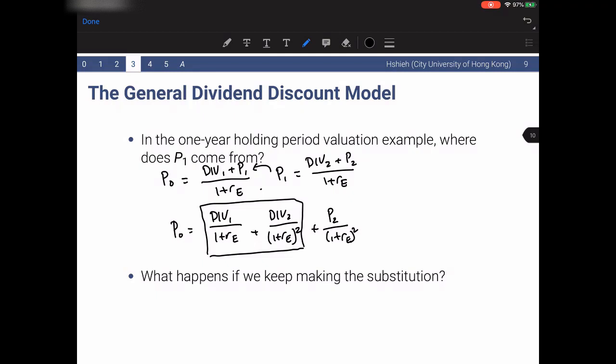Okay, and so if we take it to the limit, we should actually just get an infinite sequence of dividends, assuming that the dividend payment starts 1 year from today. So div t, where the subscript t indicates time, divided by the discount rate.